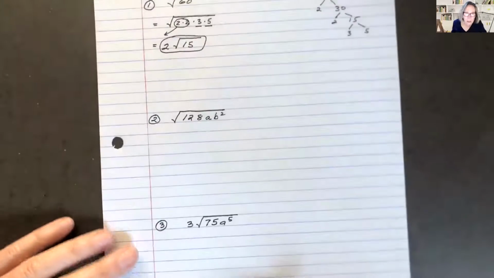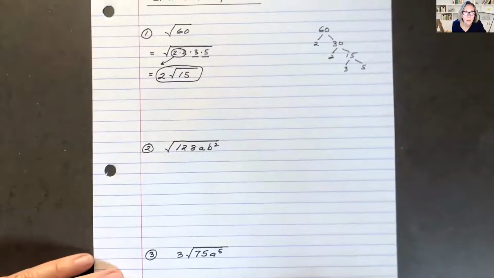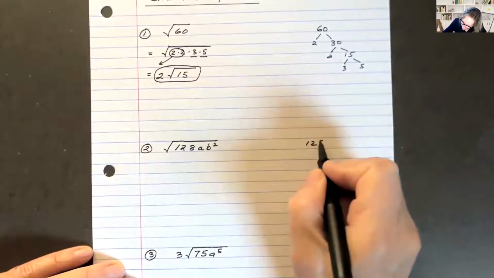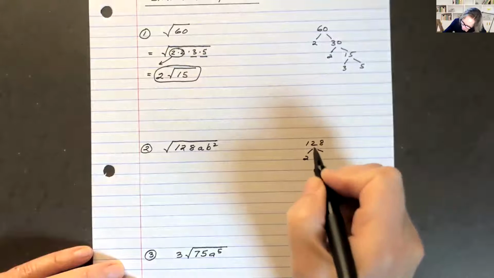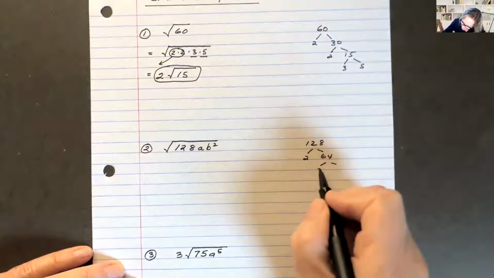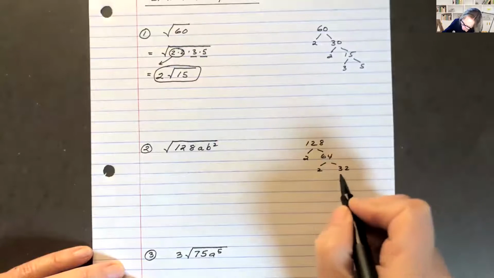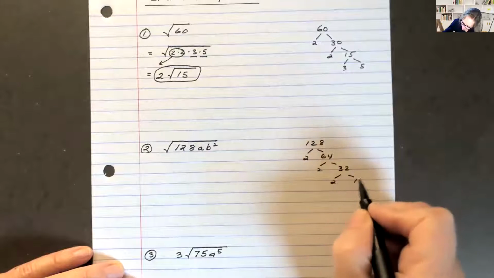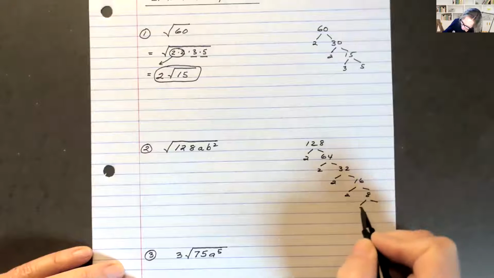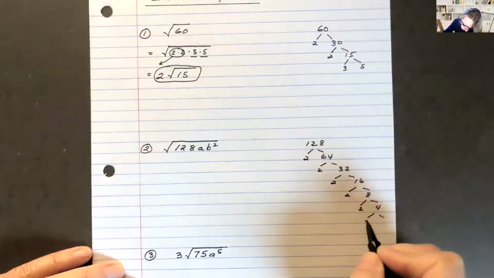Okay, so next let's go to 128ab squared. So let's prime factor the 128 for starters. This is 2 times 64, which is 2 times 32, which is 2 times 16, which is 2 times 8, 2 times 4, and a 2 and a 2.